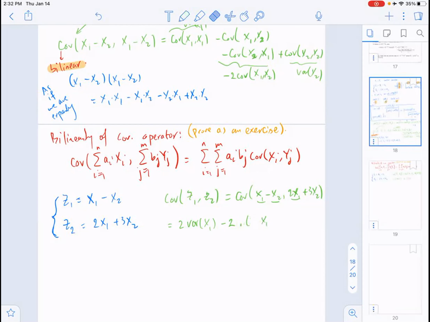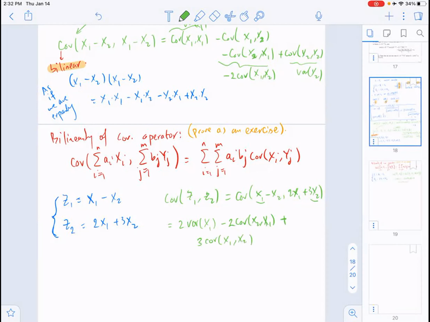Plus 3 covariance of x1, x2. Which term are you looking at? The first term and the last term. Yeah, covariance of x1 and x2.